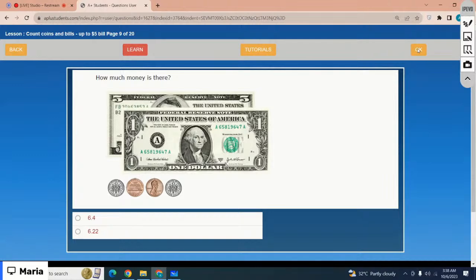That would be very good. The correct option is 6.22, right? When you add them, they are 6.22.